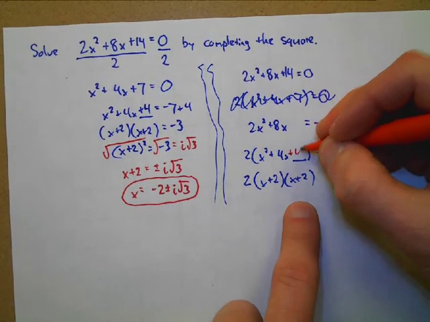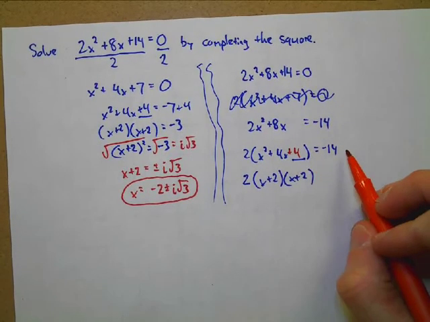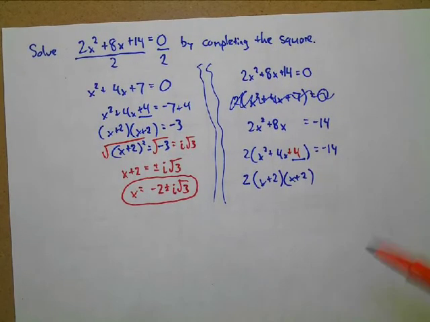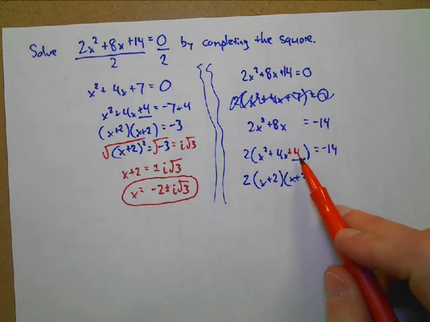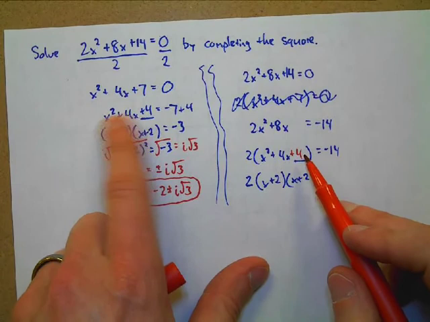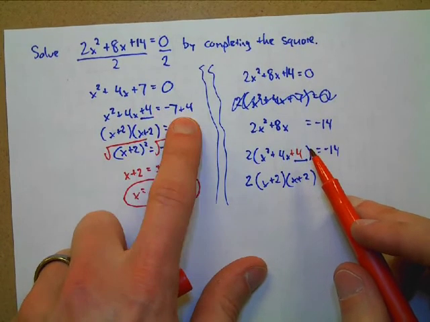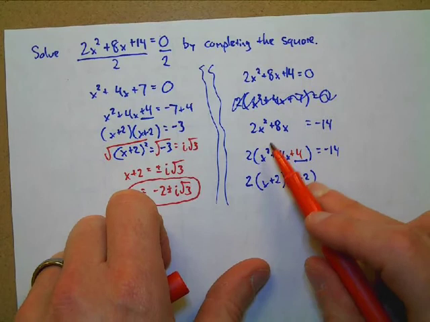So plus 4. But now when I go to balance it out over here, this 4 that I added on both sides earlier was not in a set of parentheses. It was just this quadratic, and I'm just adding a 4. But this 4 is in a set of parentheses.